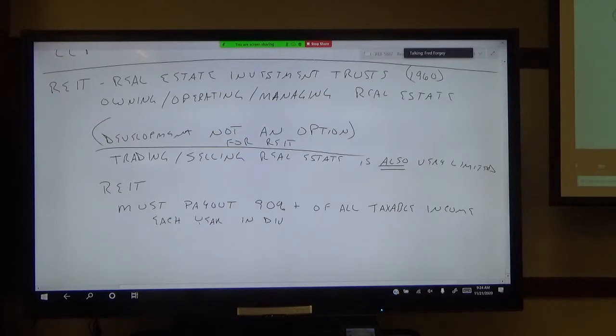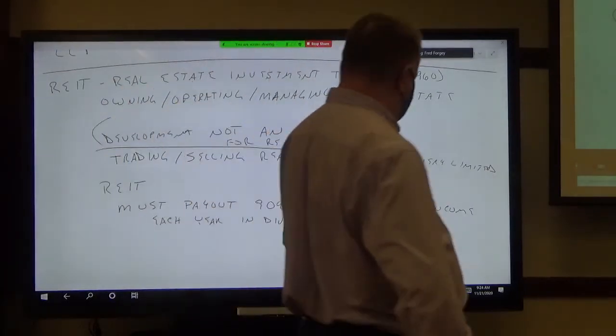It's just paid out as a dividend. As long as they're forced to pay out the 90% of all the taxable income each year in dividends to the shareholders. That's how all trusts work. Okay? So that means they can keep up to 10% internally to basically expand or work with in some way. Okay?